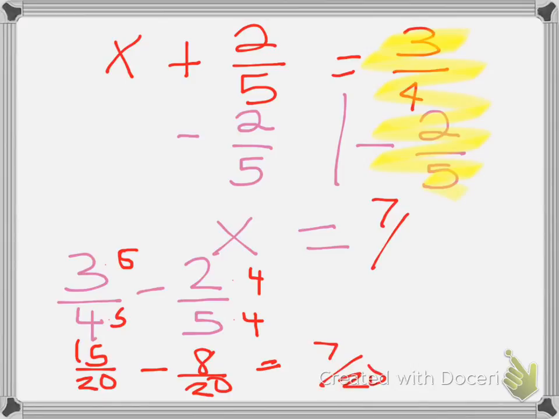So x is going to equal 7/20. You would run the checks just as you did before with integers. Take what you think the answer is, plug it back in for the x, and make sure both sides come out the same.